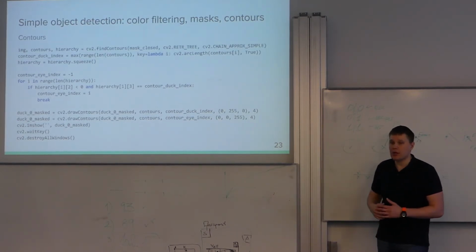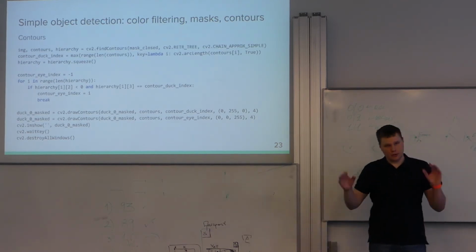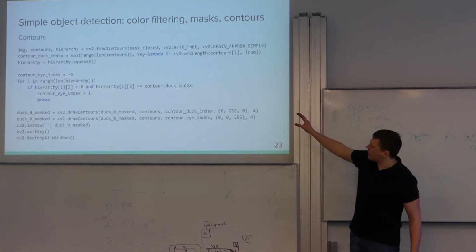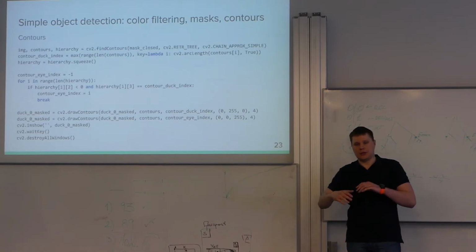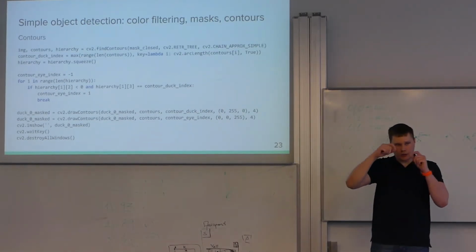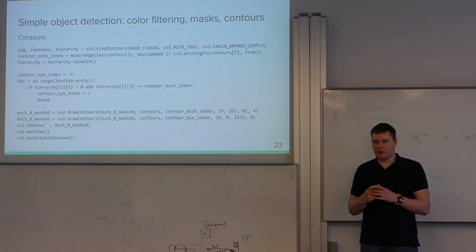We just took the contour with max perimeter and said it's the duck contour. And also then we are going to revise our hierarchy of contours and find the contour which is nested in our duck contour, and also doesn't include any other contours inside itself.